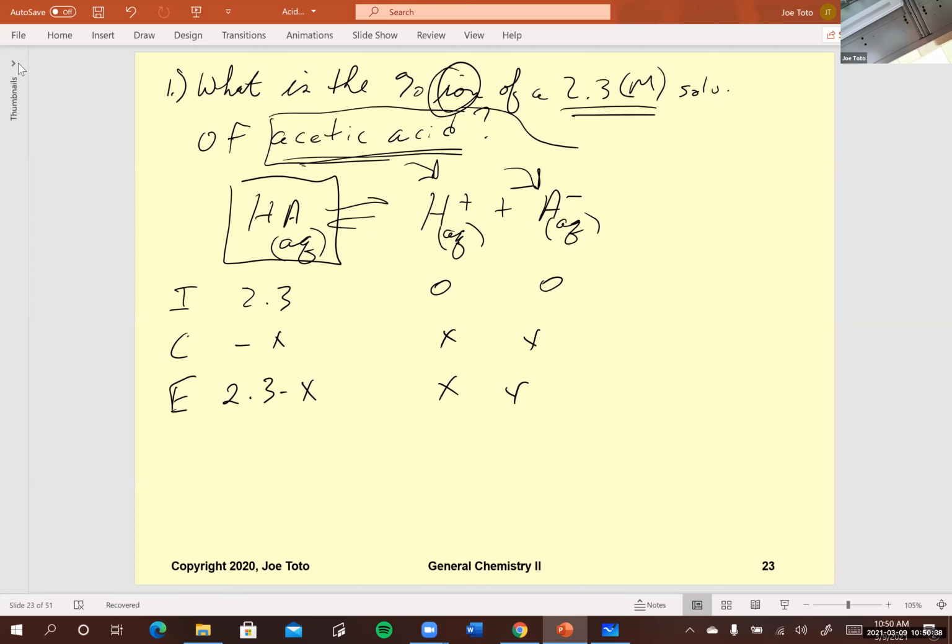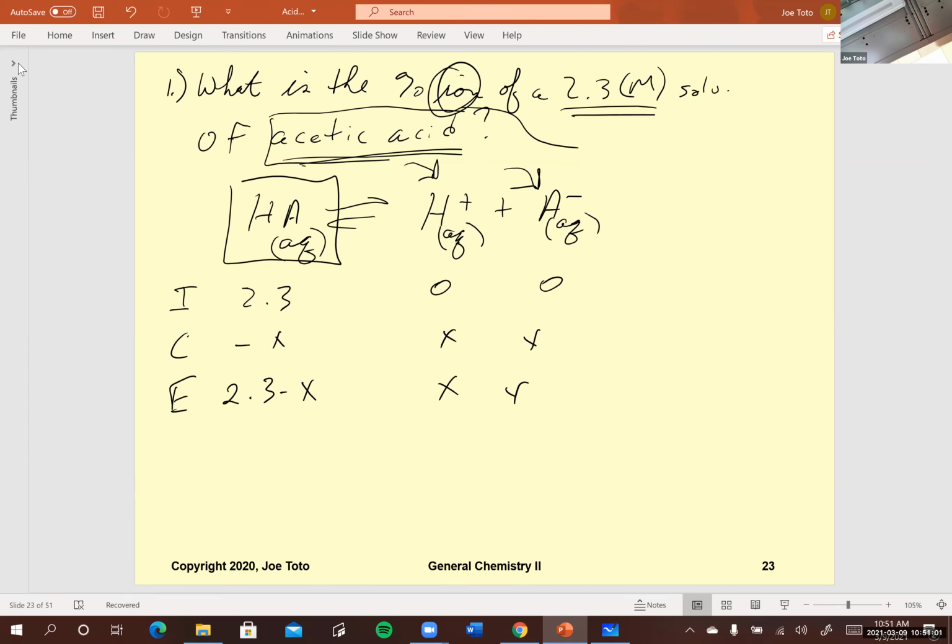What is the parameter in the ice table that's going to tell me the amount of HA that dissociates or the amount of HA that ionizes? What's that parameter in this ice table that tells me that amount? Is it the Ka value? Well, that's how I'm going to find it.